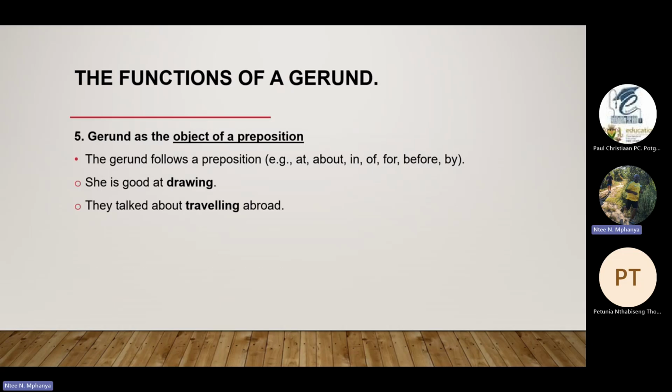They talked about traveling abroad. About is also a preposition. Traveling abroad is a what? It's an object because someone is talking about it, and it follows the preposition about.